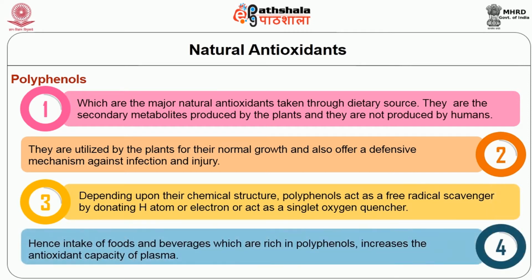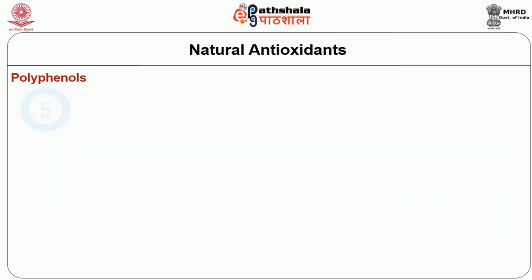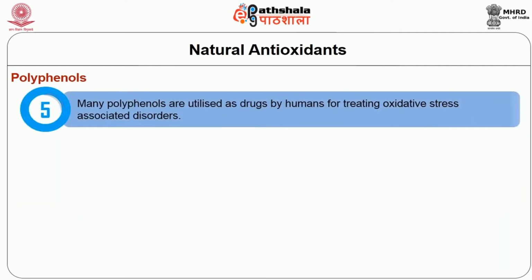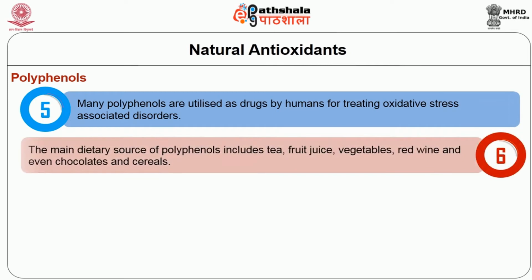Hence, intake of foods and beverages which are rich in polyphenols increases the antioxidant capacity of plasma. Many polyphenols are utilized as drugs by humans for treating oxidative stress associated disorders. The main dietary sources of polyphenols include tea, fruit juice, vegetables, red wine, and even chocolates and cereals.